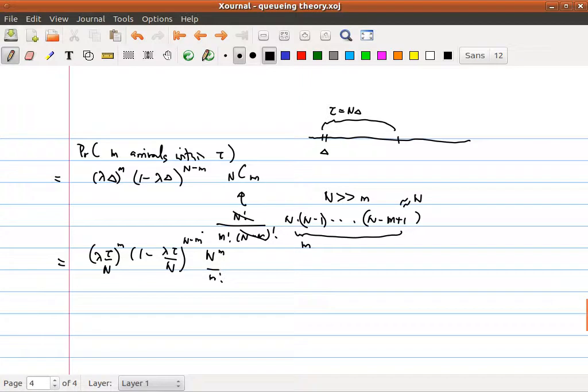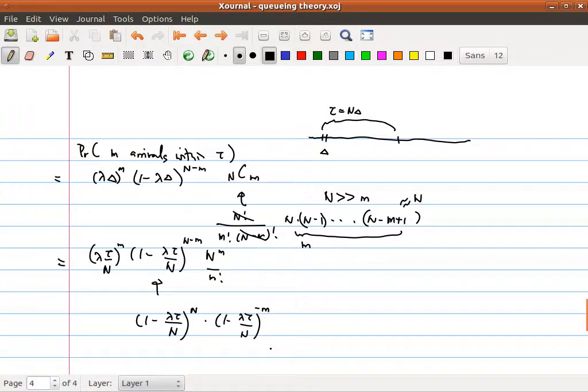Another thing is that n is much bigger than m. The term 1 minus lambda tau over n to the n minus m can be written as 1 minus lambda tau over n to the n, times 1 minus lambda tau over n to the minus m, or over 1 minus lambda tau over n to the m.